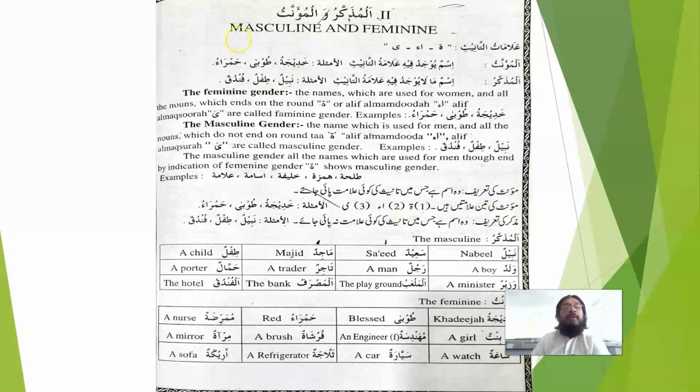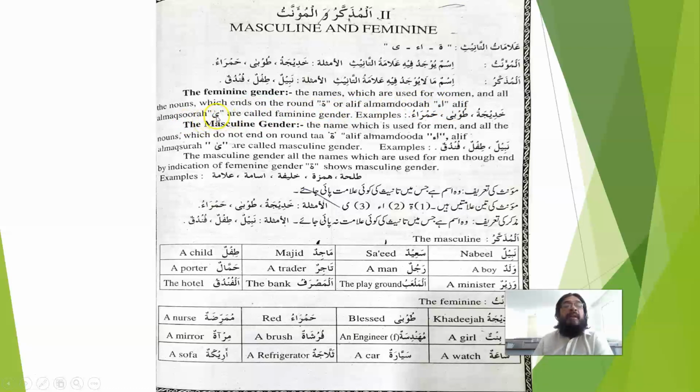So now the definition is given in English also. The feminine gender, the names which are used for women, and all the nouns which end on the round ta or alif al-mamduda. This is called alif al-mamduda. Alif al-maqsura.